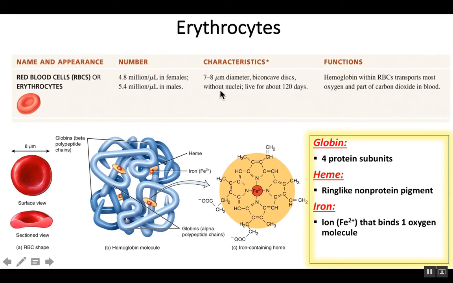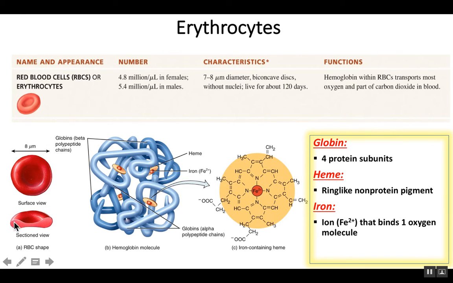They lack nuclei and many other organelles, and they have a finite lifespan, meaning they're not going to divide into more and more red blood cells. They're going to circulate in the blood for about 100 to 120 days, and then they need to be removed from the bloodstream.